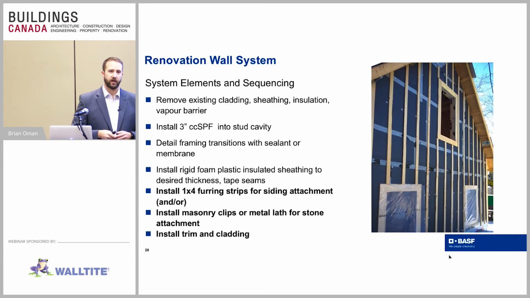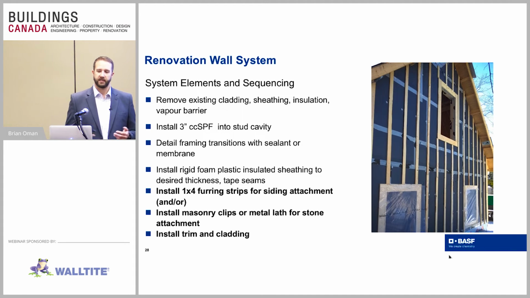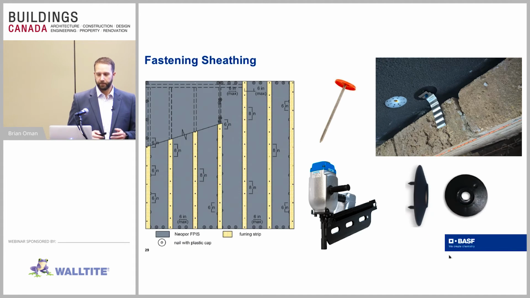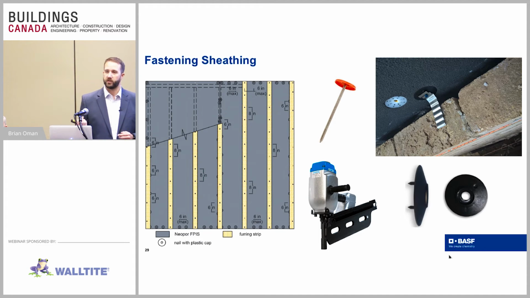We're fastening our sheathing directly to our studs, so all our furring members just have to be placed basically over where we fastened our sheathing on with. There are some other options in terms of how we're actually going to attach that cladding. If we have maybe a brick system or a masonry system, we can utilize these washers and clips in order to attach our masonry to. There are some other options.